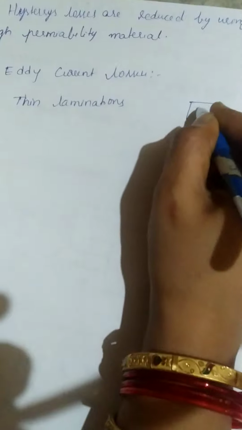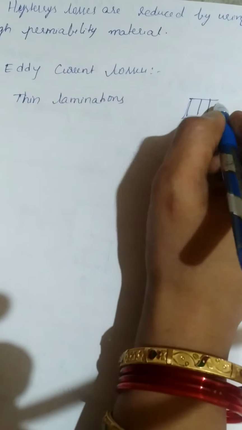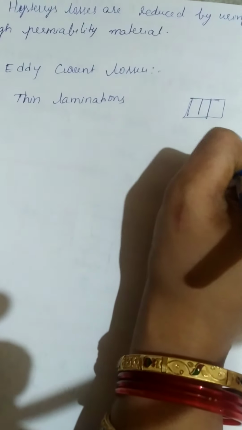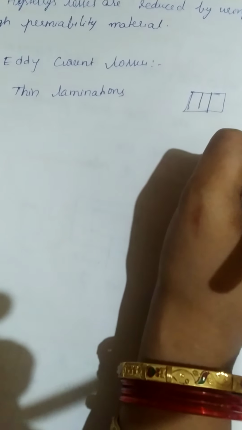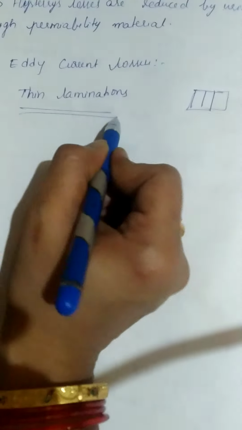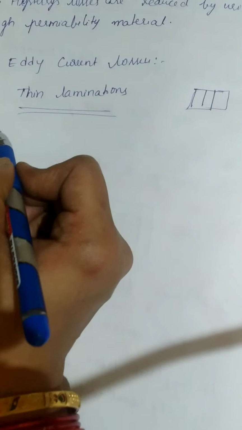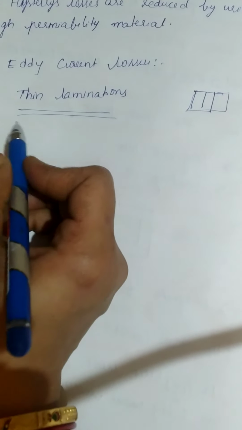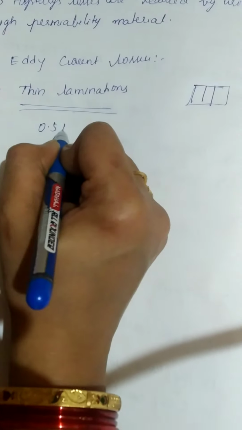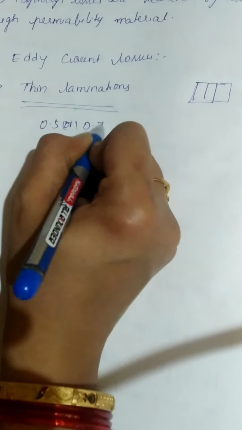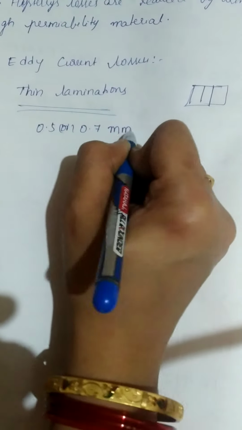If the material width is very high, automatically the eddy current losses are more. So, in order to reduce these eddy current losses, we have to take very thin laminations, of 0.5 or 0.7 mm, so that the width is very, very less.